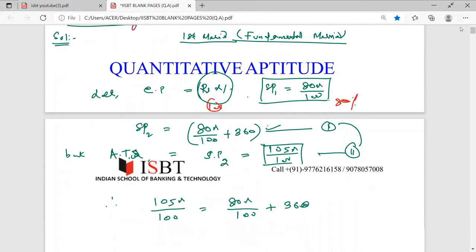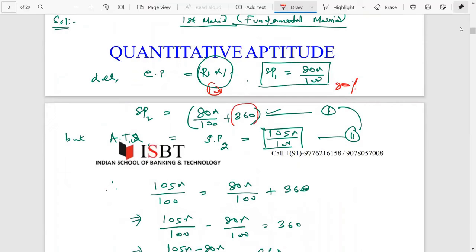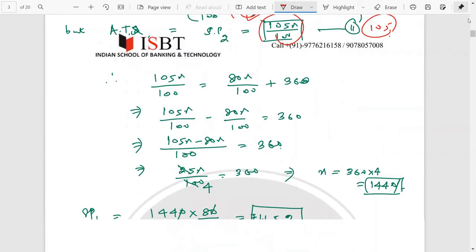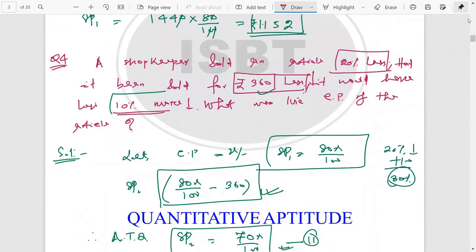In the second selling price, 360 rupees more, the selling price should be 105. Here is 80, here is 105. The difference is 25 due to 360. Here is the second question. Suppose the cost price is 100, selling price is 80. Now 360 rupees less, and the selling price is 70.